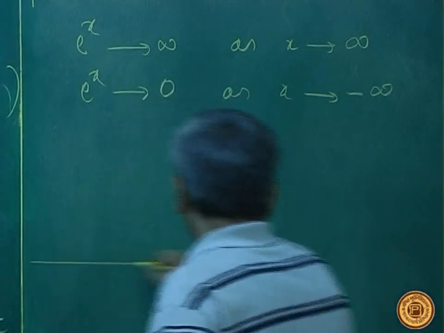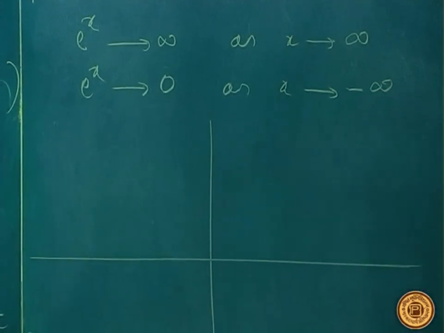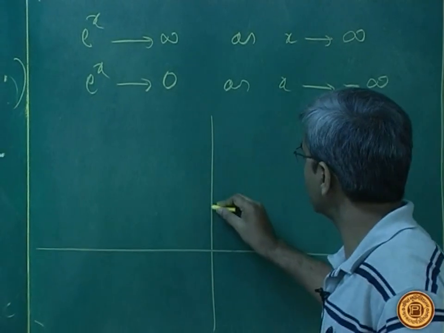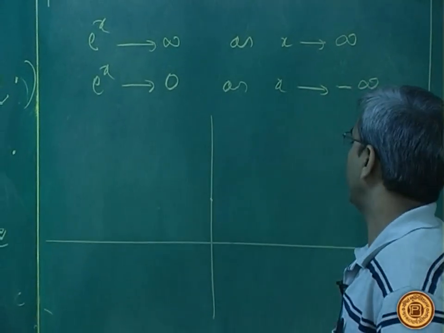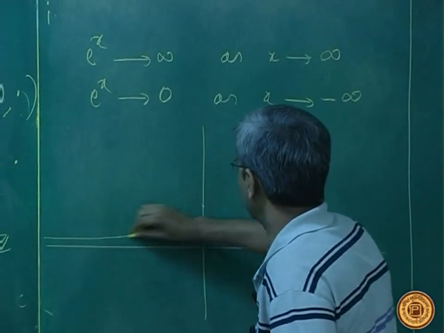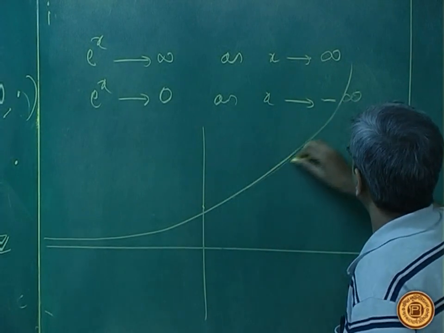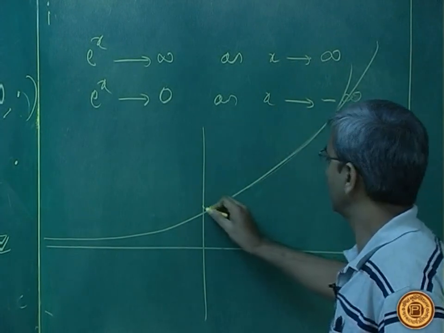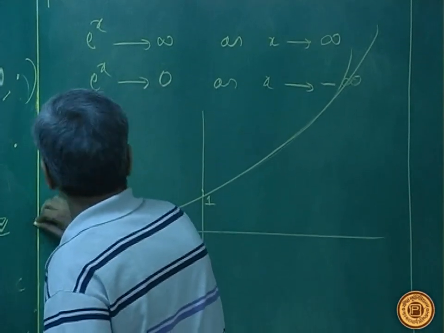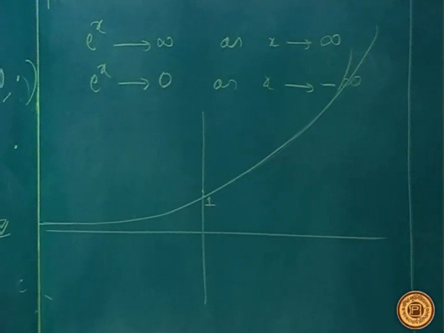Let us draw the graph. So e to the power 0 is 1, so it will pass through this point 0, 1 and it is like this. So this is how e to the power x behaves.